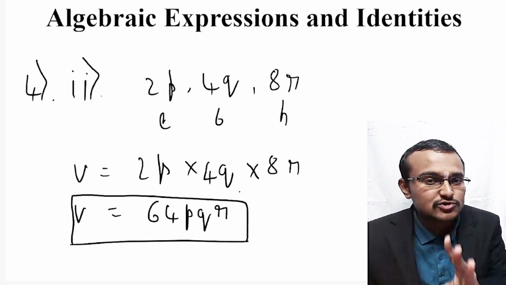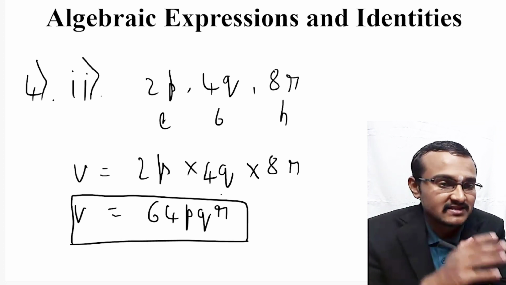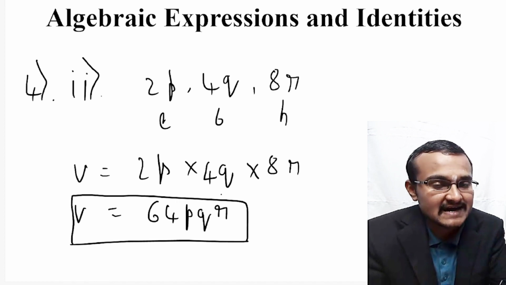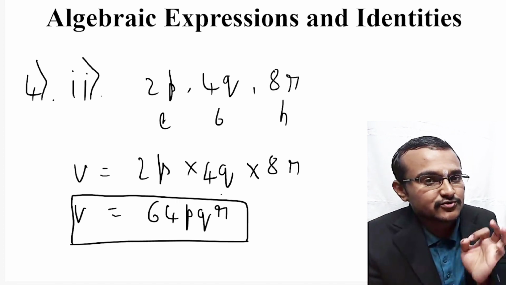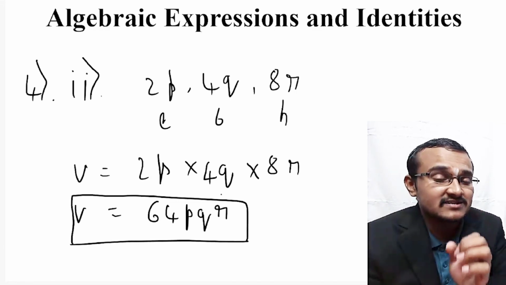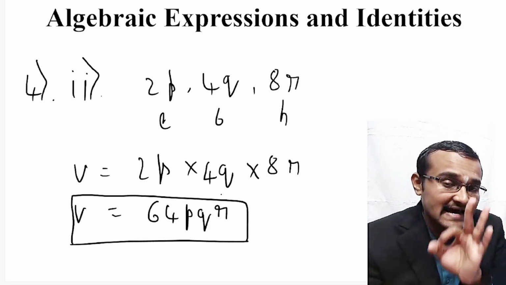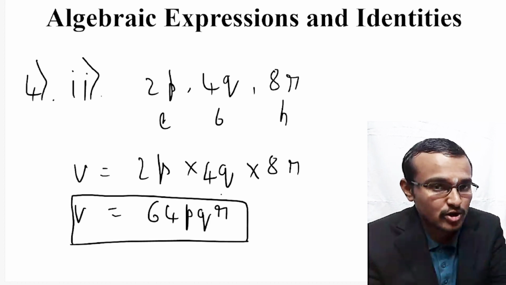Similarly, the third and fourth questions in this fourth question, you can solve like this. There also they have given length, breadth and height. You should multiply all those three terms and you will get the volume. Basically, the main purpose of doing all these exercise questions is to make you understand how to multiply algebraic expressions, especially monomials.